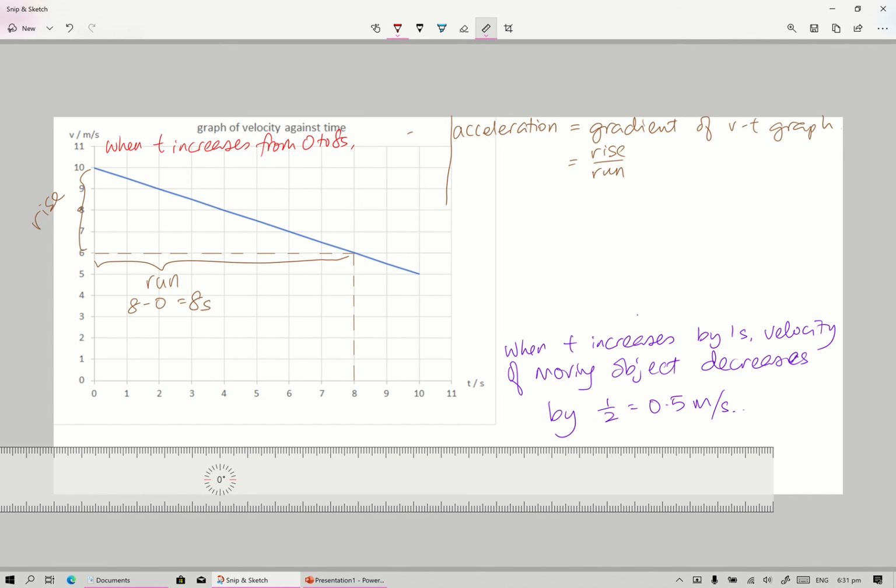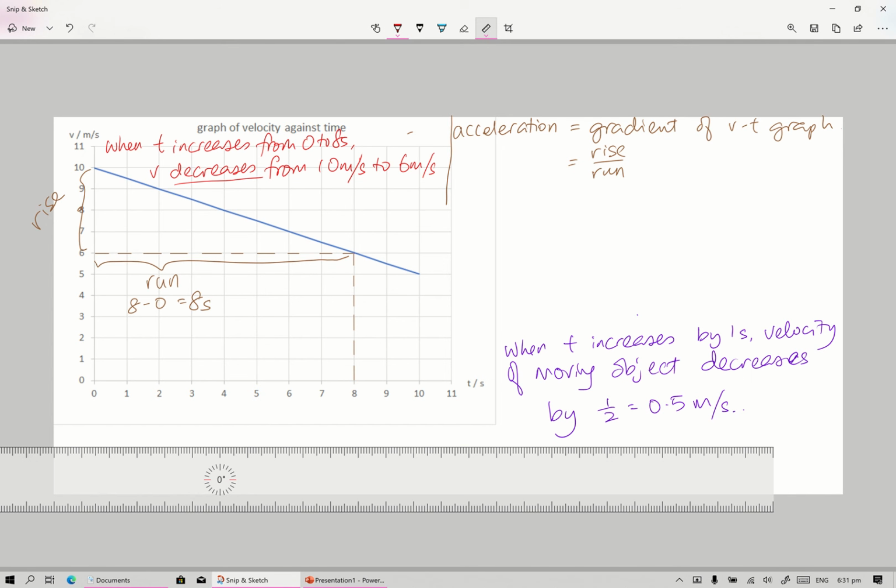velocity decreases from 10 meters per second to 6 meters per second. Now note, decreases. So the velocity actually becomes smaller, right?